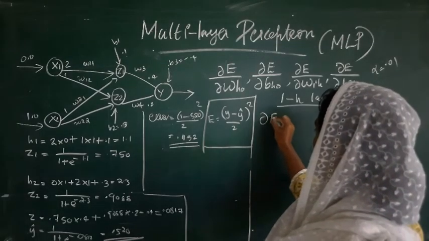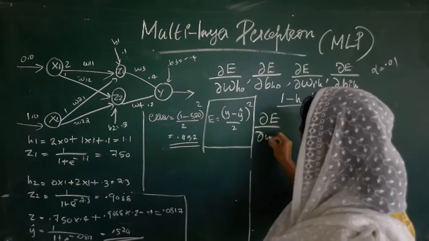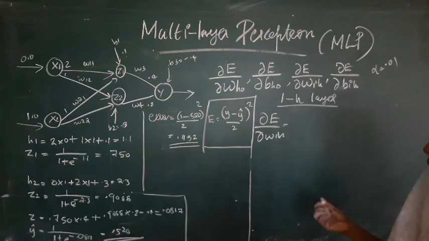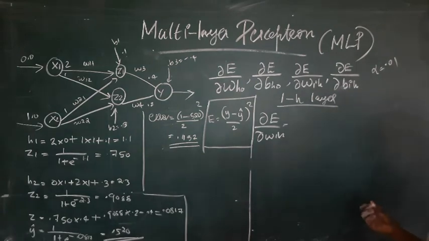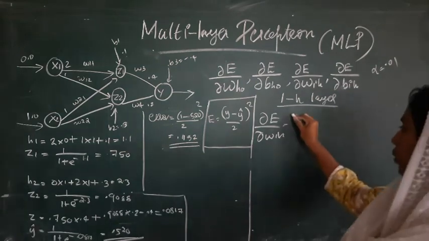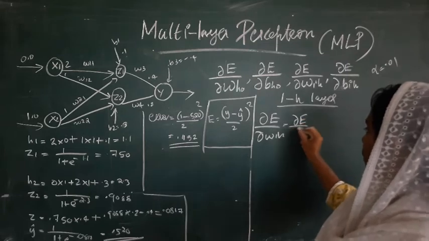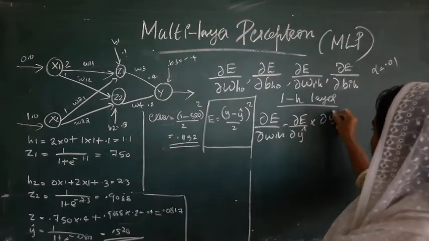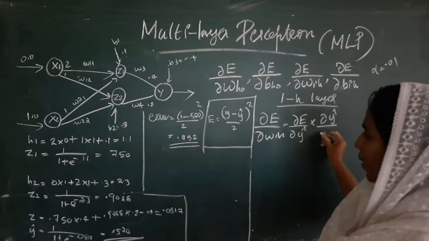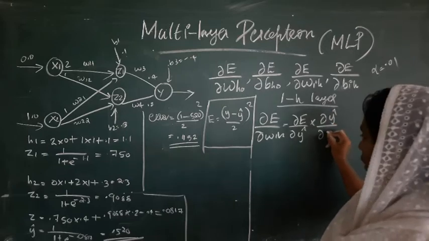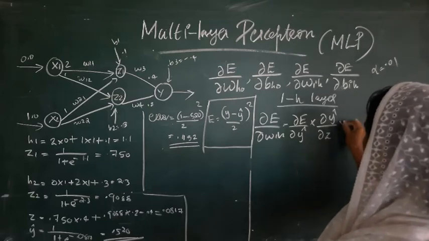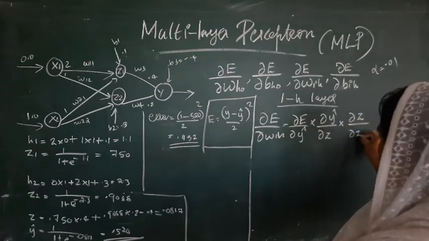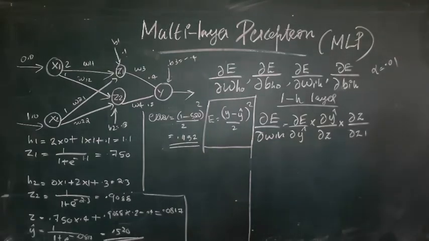That is, to get the contribution of the input to hidden layer weights in the output error, what you have to do is calculate the contribution of predicted output in the error. Then the predicted output is influenced by the value of z. Now the value of z is dependent on the value of z1 and the value of z2.